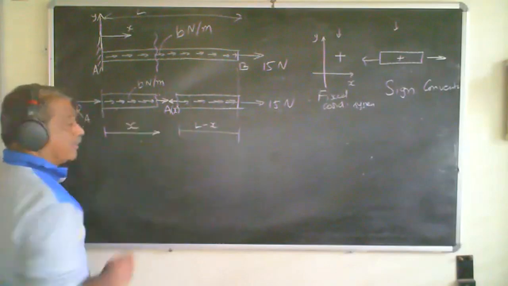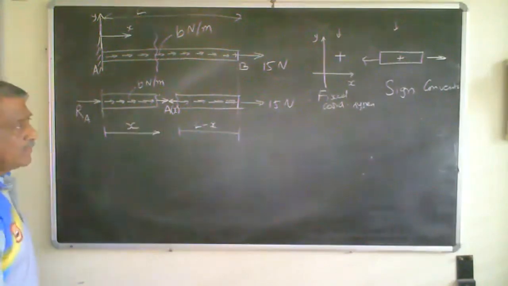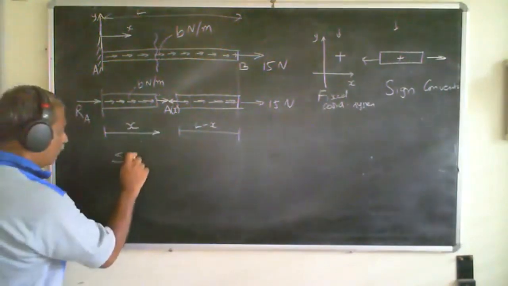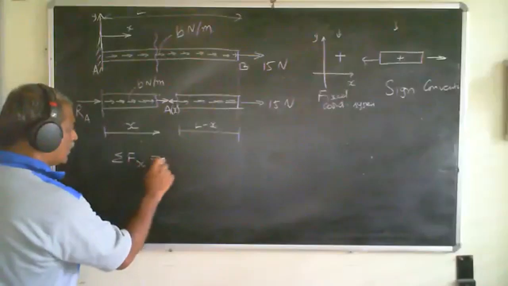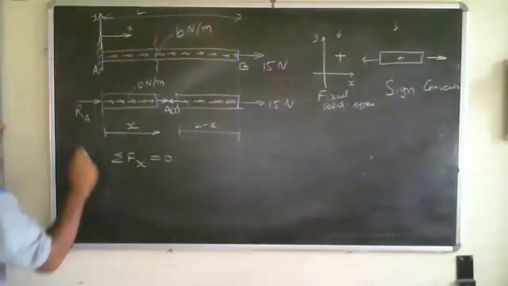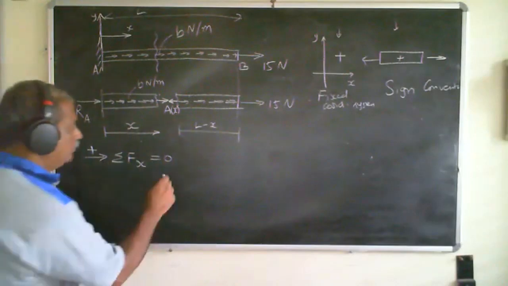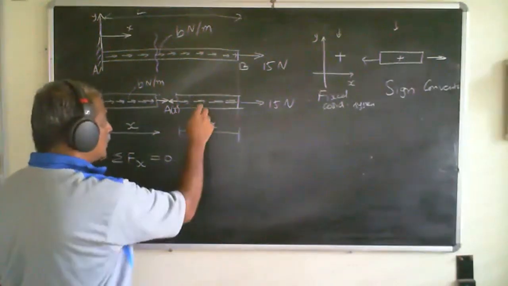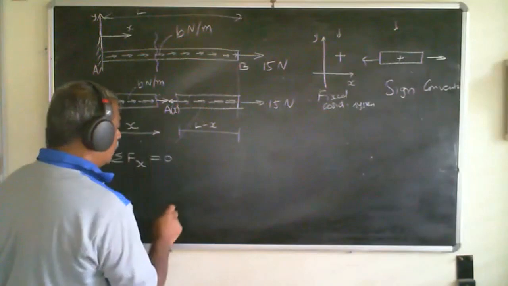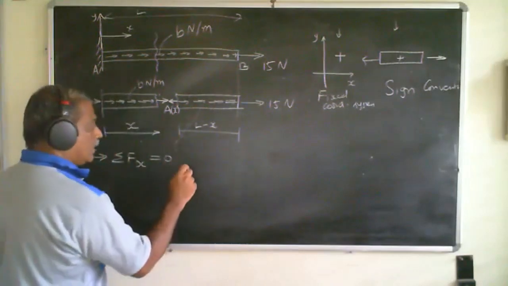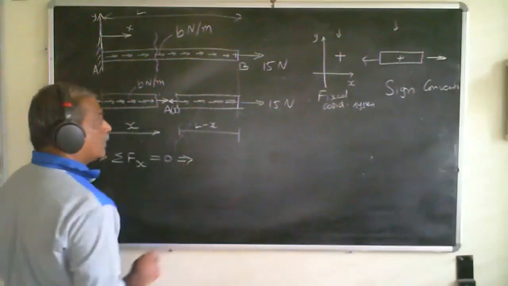Okay. What do I need to find out? I need to find out A of X. Okay, that's very simple. Sigma F along the X direction is equal to 0. I already have the convention that I'm using. Which one do you want to use? Let's say for this I'm using, then it is, okay.